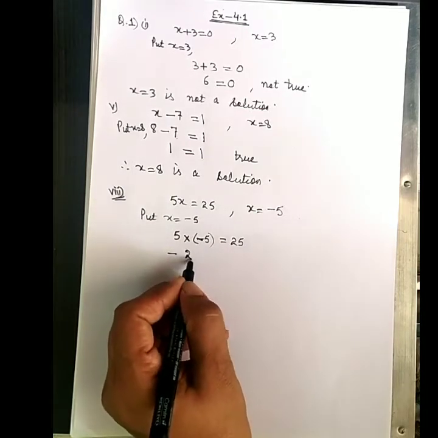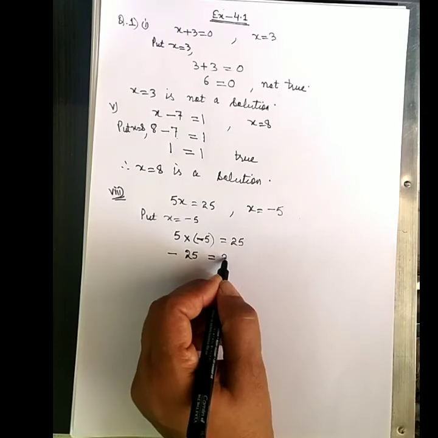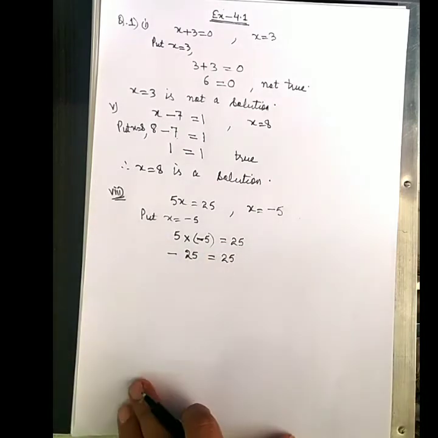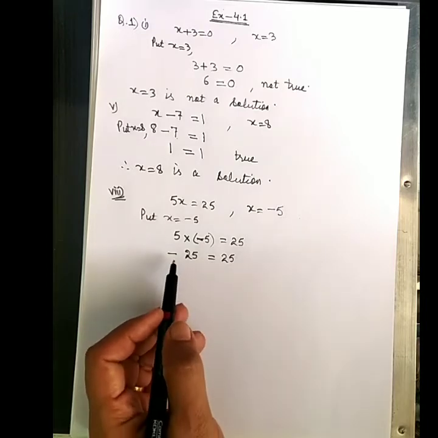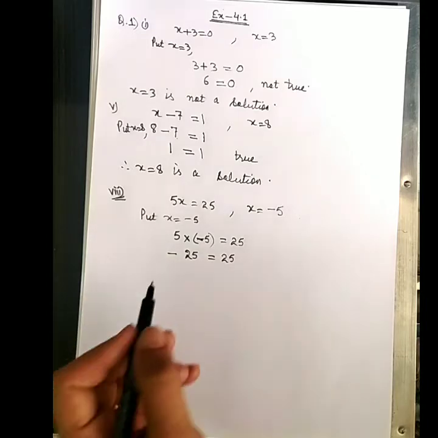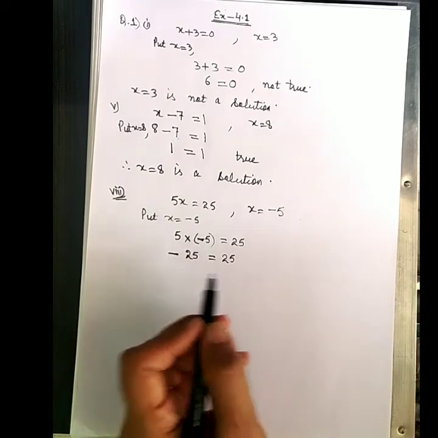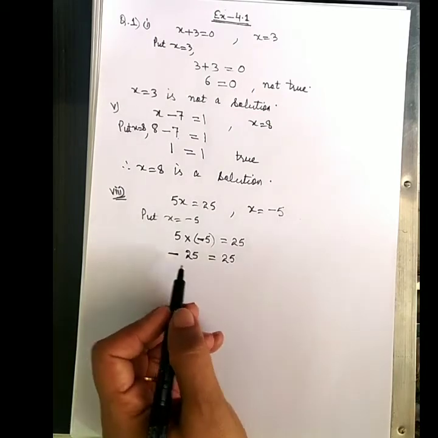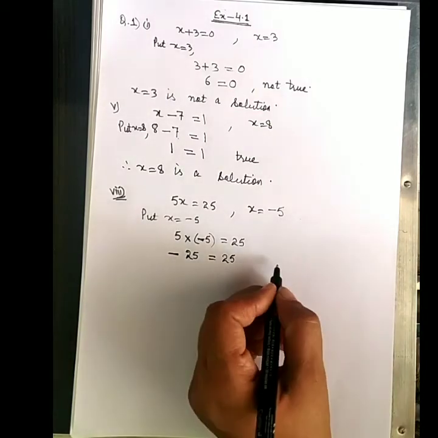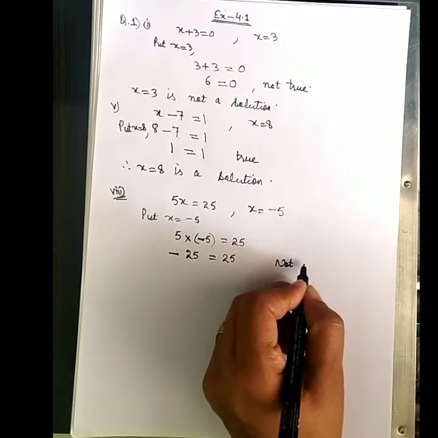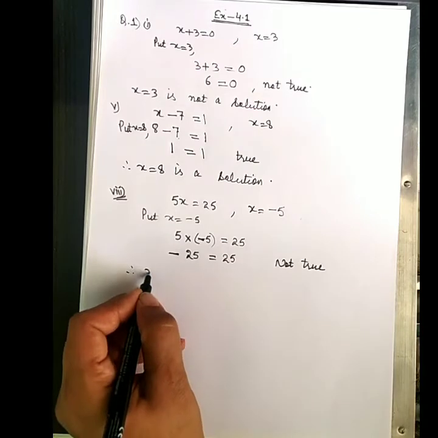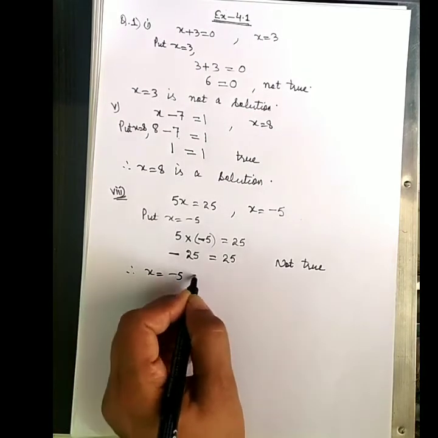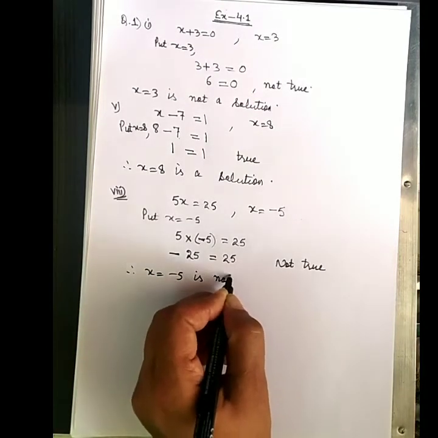So it will be minus 25 is equal to 25. Now tell me whether these are equal. Think over it. One is of negative sign, the other is of positive sign. How are they equal? No, they are not equal. That means it is not true, and x is equal to minus 5 is not a solution.